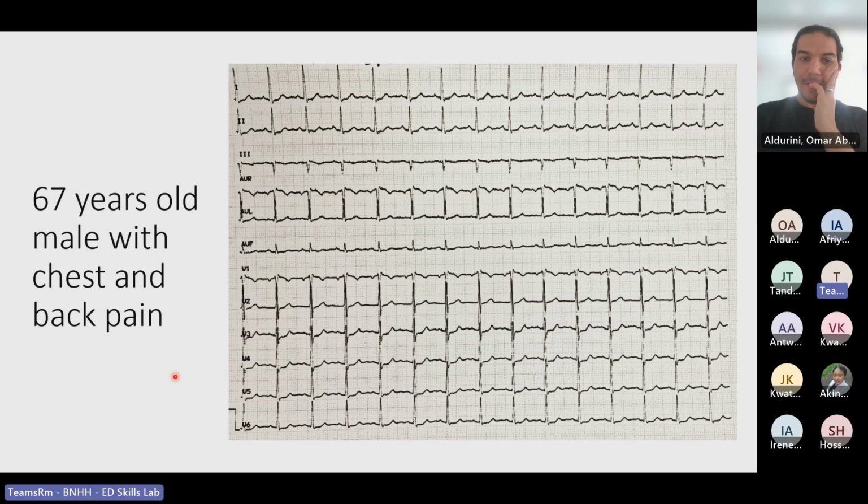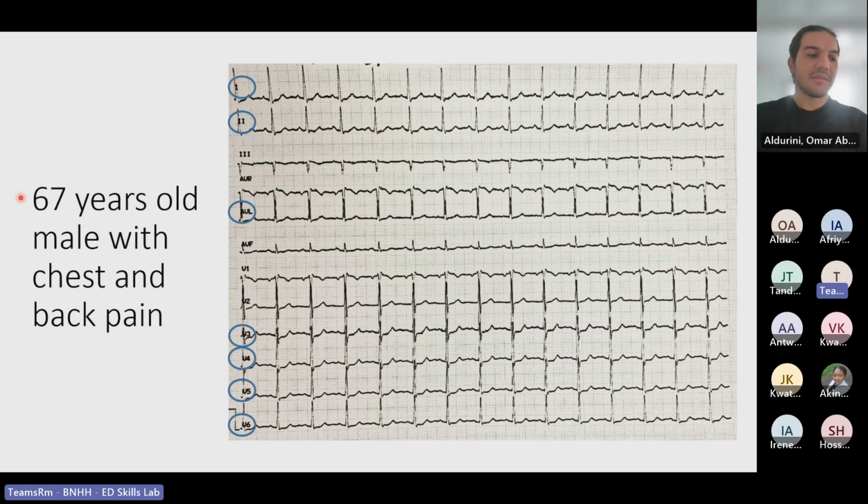Is that right? So I think we have ST depression in the anterior wall of the heart, part of the anterior wall, and then the lateral wall. Yeah, lateral wall.